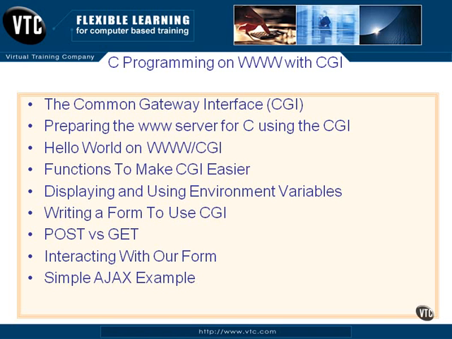Your CGI program will be able to do that, and formatting that information and getting it back out to you on the client. We're going to take a look at a few different steps that you need to take to be able to program in C and make use of the Common Gateway Interface. And I'll just call it CGI from here on out, but you need to know that that's what it is. It's the Common Gateway Interface.